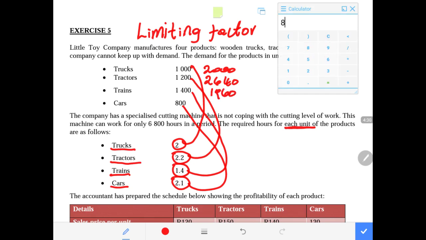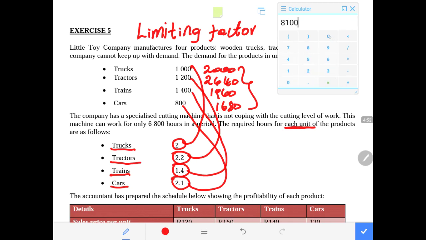Then we have 800 multiplied by 2.1, which gives us 1,680 hours.